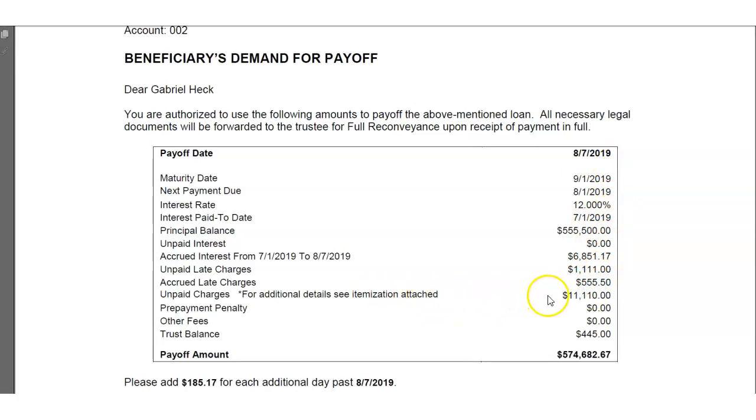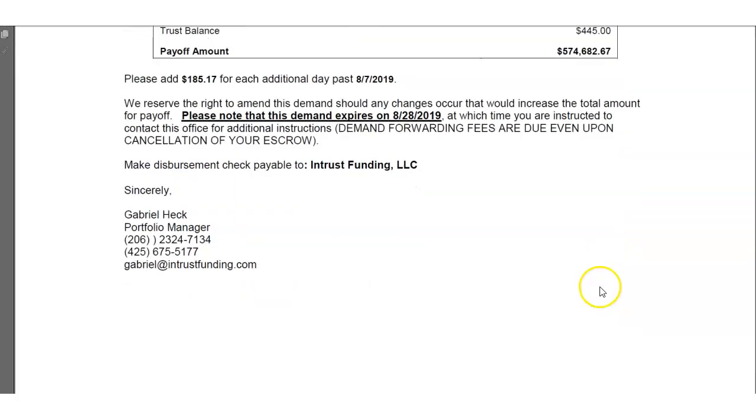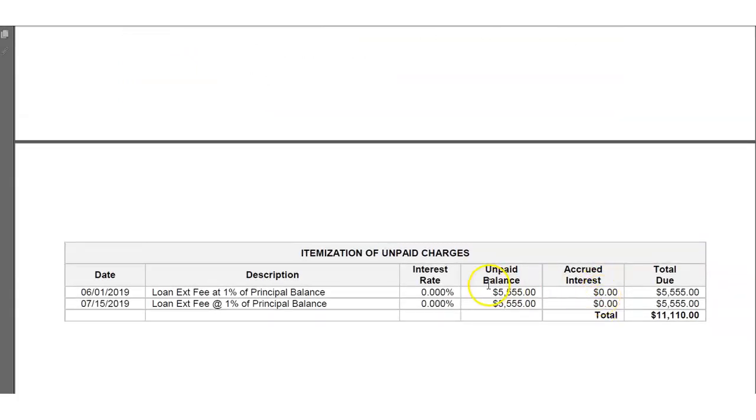Unpaid charges. So unpaid charges, apparently there's an additional one down here. It says the unpaid charges, and these are just loan extensions. The loan extensions were assessed 6/1 when the loan was due, and another one on 7/15.